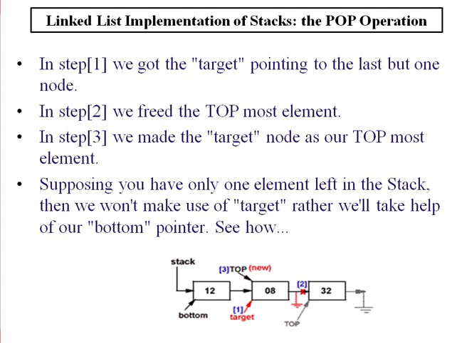Once we have targeted the node below the topmost element, in step 2 we remove the element that is on top of the stack. Then we bring the topmost element down to the node pointed to by the target. So the target node will be used as the topmost element.